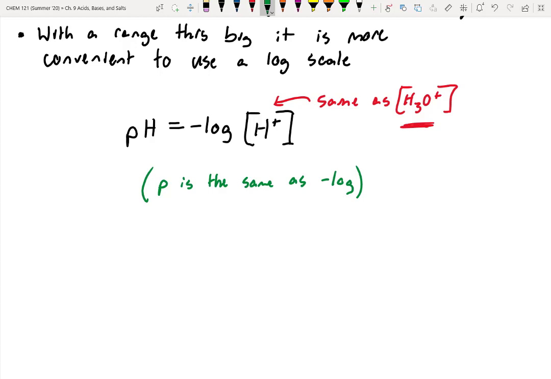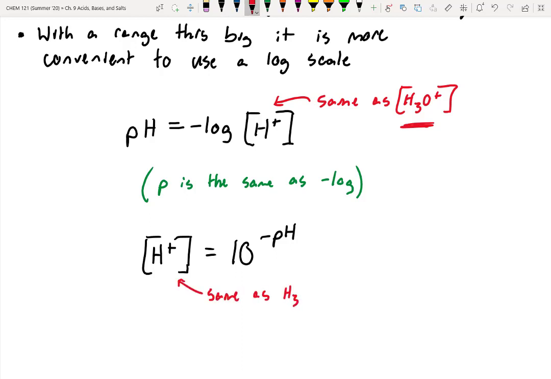So let's say we want to calculate H+ concentration, but we're given a pH. Well, in order to do that, we've got to use some of our log rules. I'm not going to go into that in much detail. You'll probably cover it in your math classes. But you can do this calculation where 10 to the negative pH will tell you the concentration of your hydronium ion. And like I said, this is always the same as H3O+.